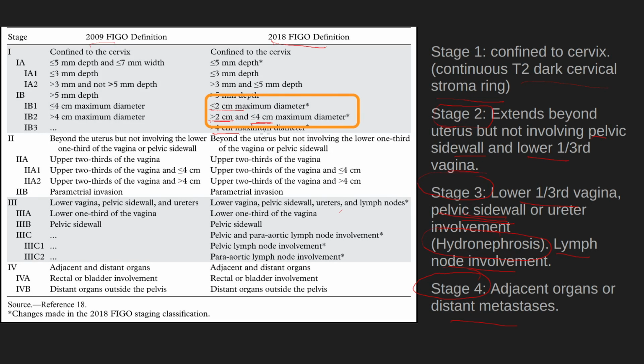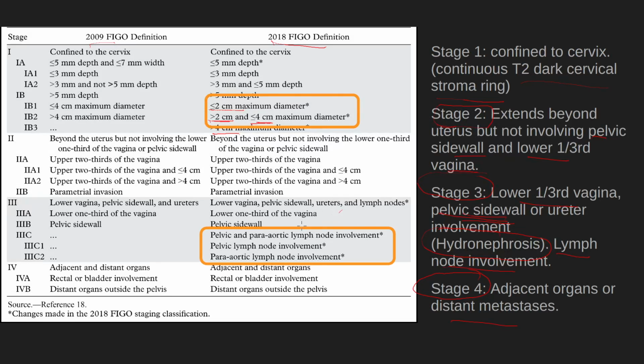So this is the recent update. The update is important because this clear distinction between 2-4 centimeter size is important in identifying patients eligible for fertility sparing surgery, which we will discuss subsequently.